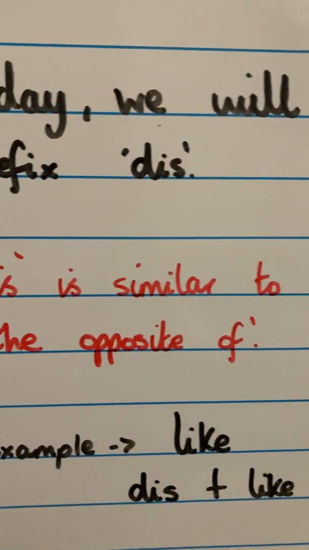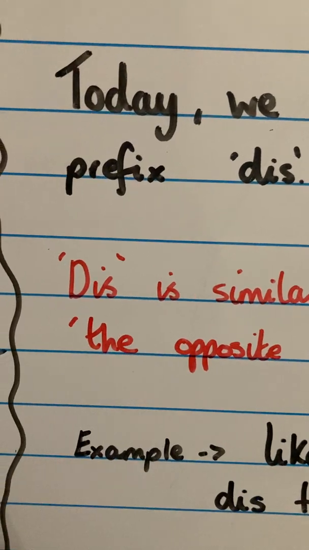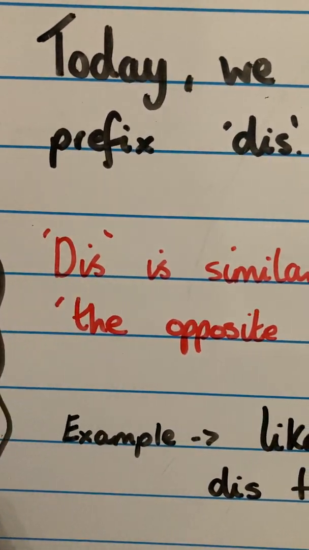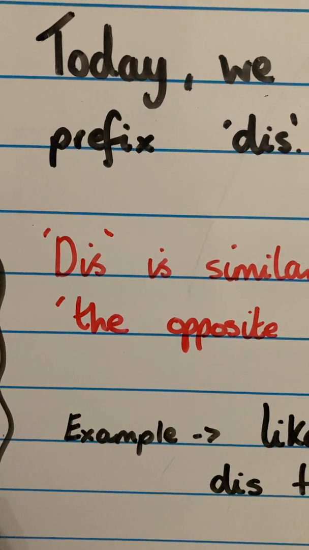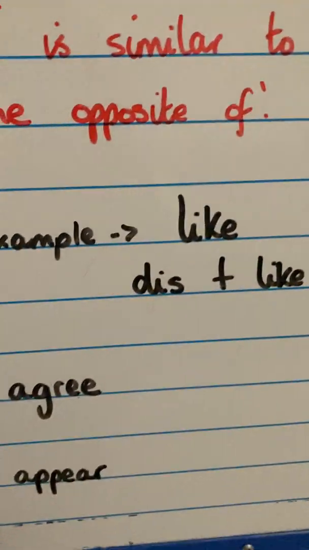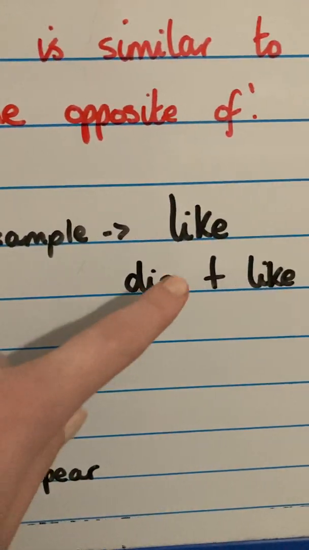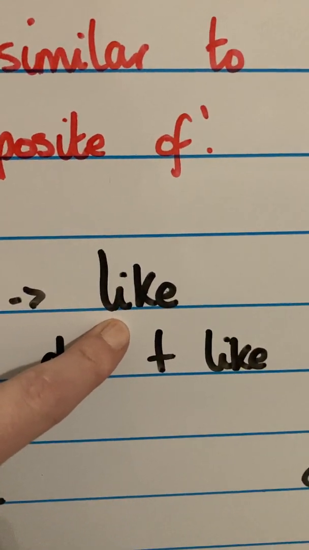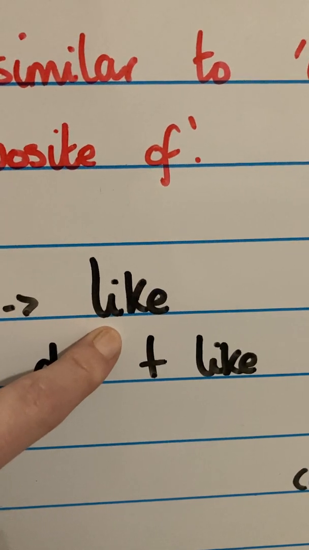So our focus for the first part of the phonics is to add this prefix dis onto the start of our words. Okay, so I've got an example here. My example is the word like. Now this is what we call our root word. This is our base word.